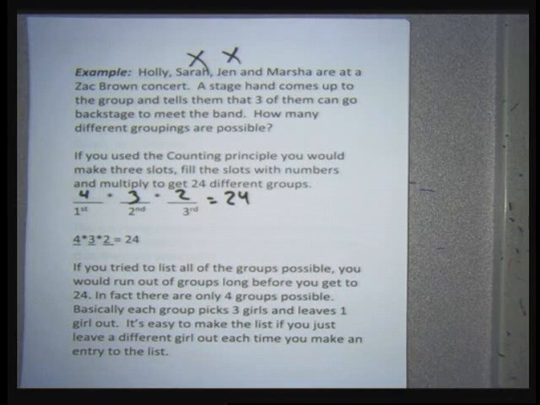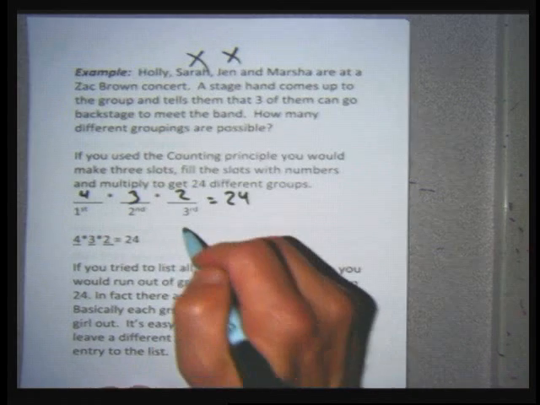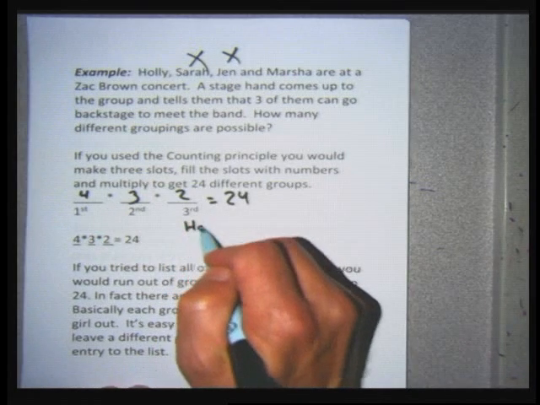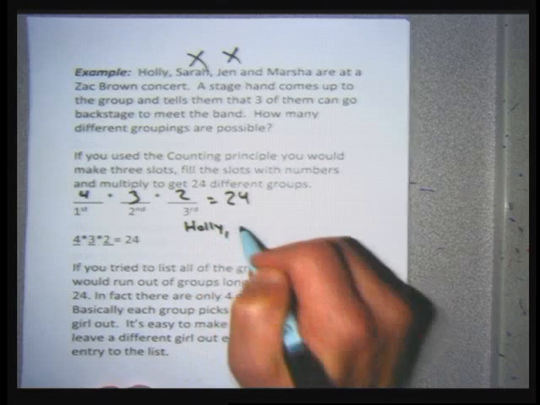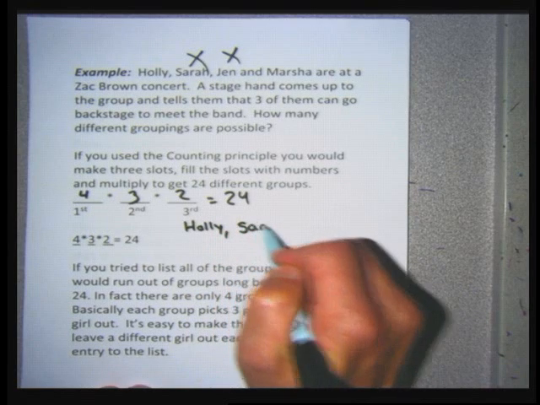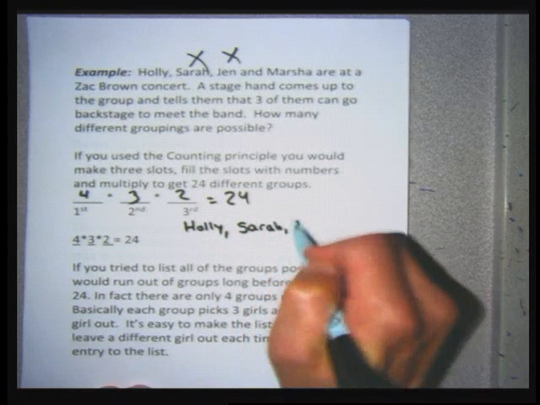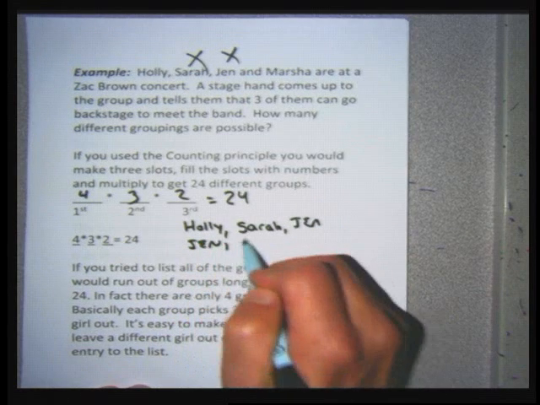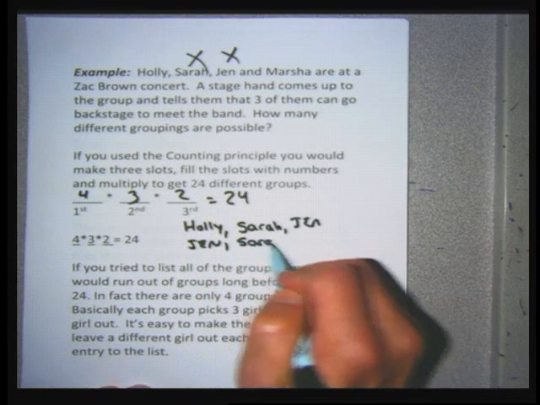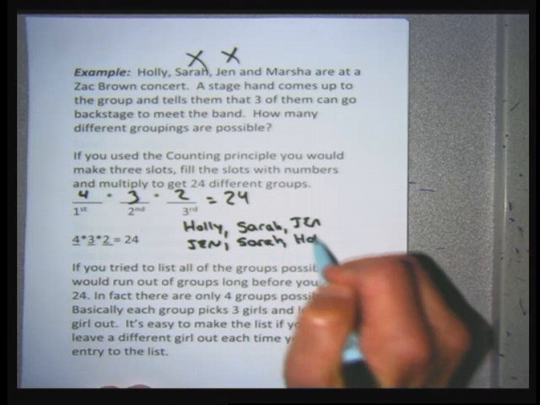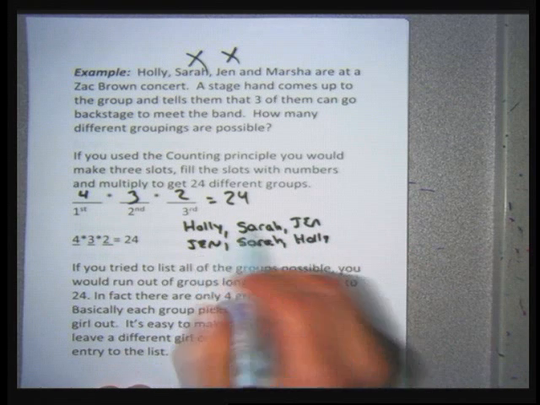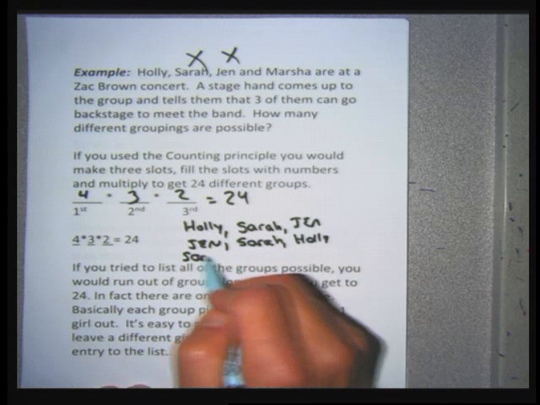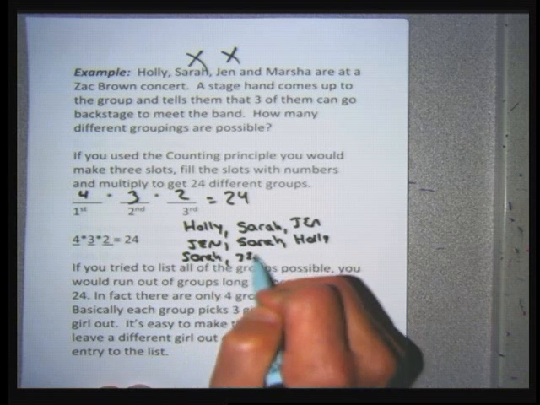Well, that strategy counts picking Holly, Sarah, and Jen differently from picking Jen, Sarah, and Holly, and it counts that differently than Sarah, Jen, and Holly.